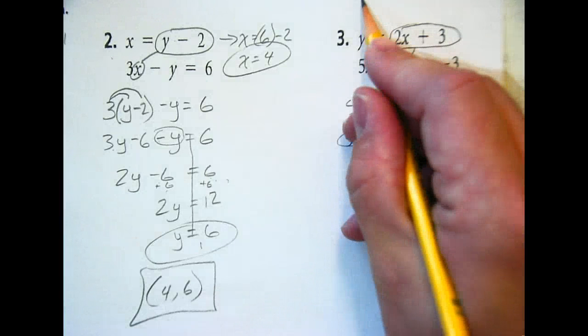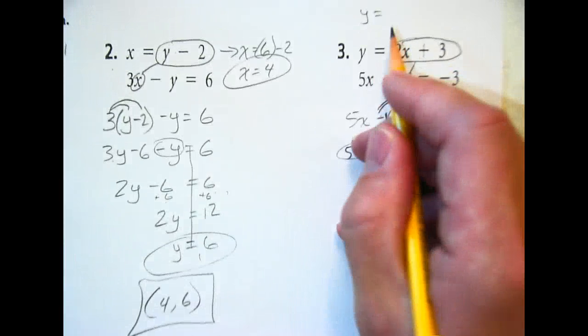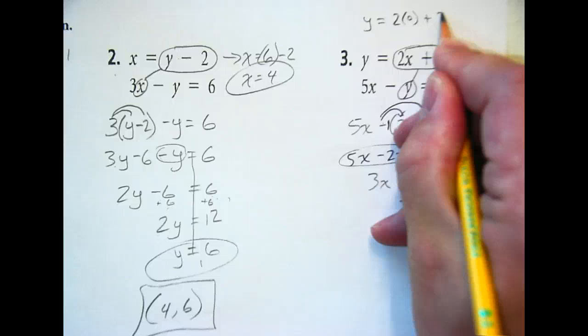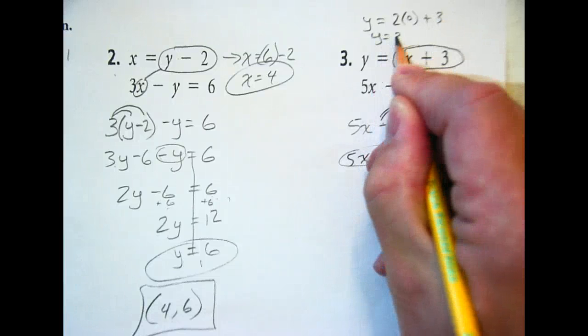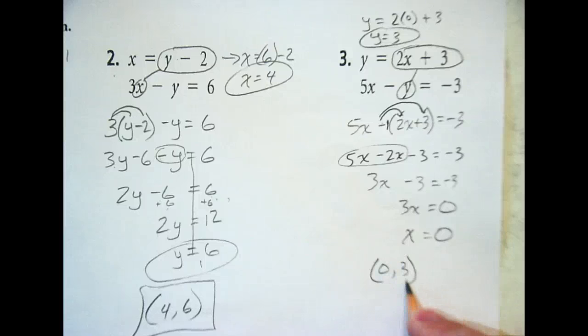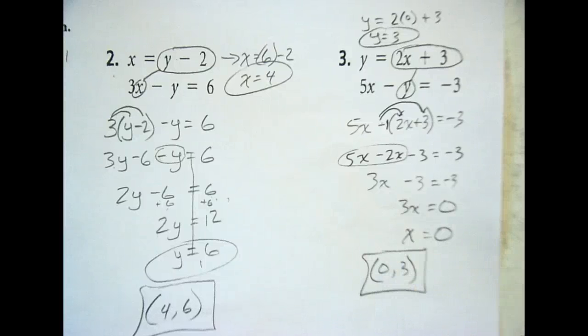If x is 0, we have y equals 2 times 0 plus 3, or y equals 3. I wrote it down in the common error, but it fixed itself somewhere in there. You made another mistake to fix it. That happens sometimes. I had a plus sign here, and then I got to 3x. Any questions on substitution?